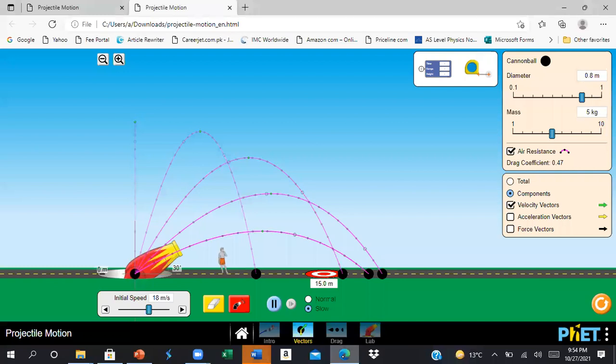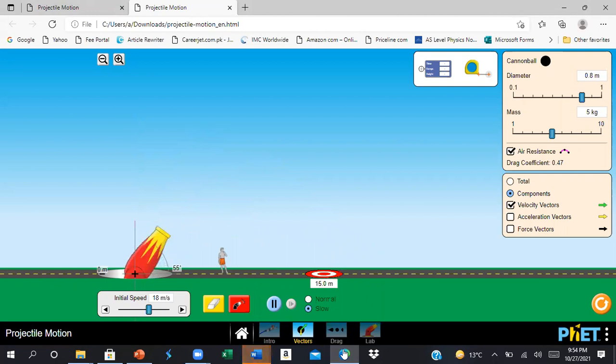Okay, so let's move on to this. And again, you can see from here, just keep an eye on the two components of the velocity, the horizontal and vertical. See, the horizontal arrow is the same. It is not changing. But look at the vertical one.